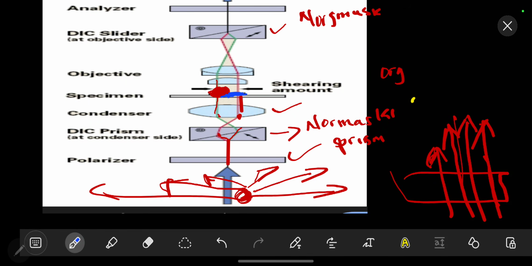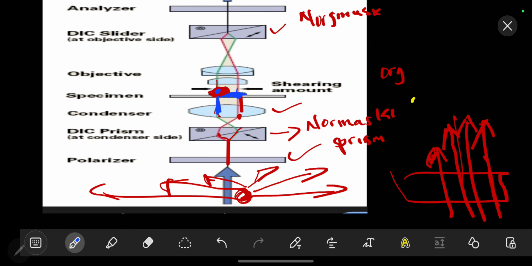Now let's say our specimen, which I have used red to denote, is very thick at this point. Then let's say at this point the specimen is not thick. Where it is thick, the way light behaves is that light slows down where there is a dense medium.